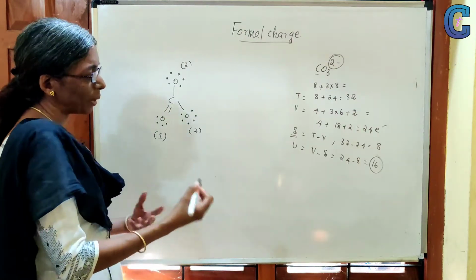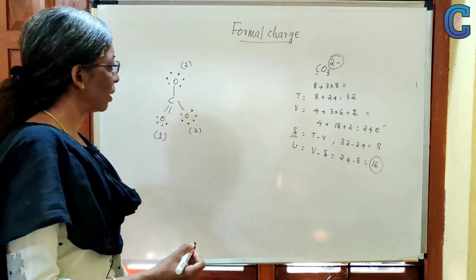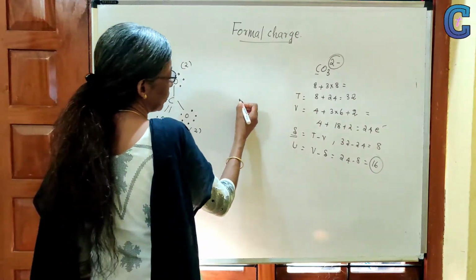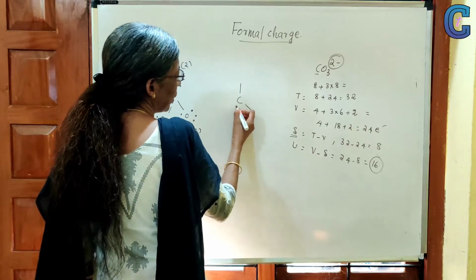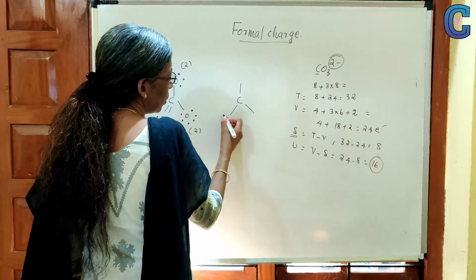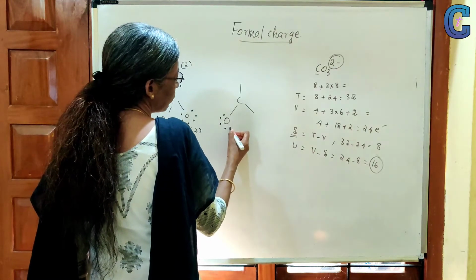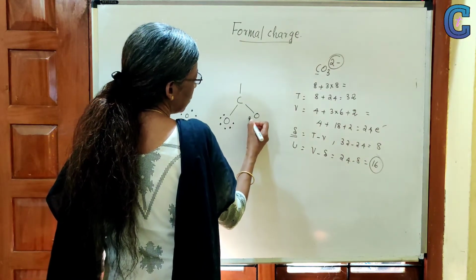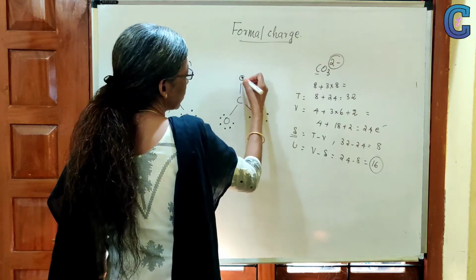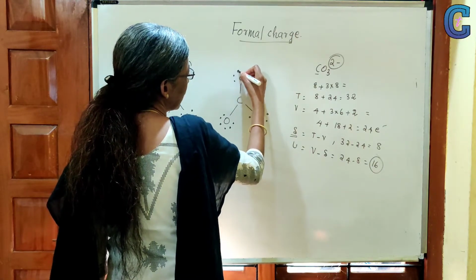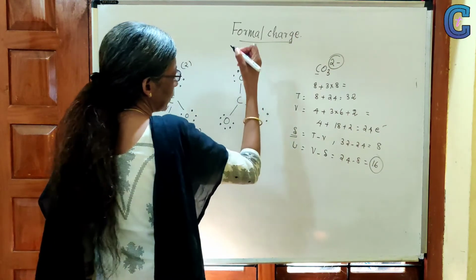Before that, suppose somebody is doing the electron dot structure for carbonate and they try this one. Suppose C, then they give single bond, single bond, single bond O. So 1, 2, 3, 4, 5, 6. Oxygen 1, 2, 3, 4, 5, 6. This oxygen also 1, 2, 3, 4, 5, 6.